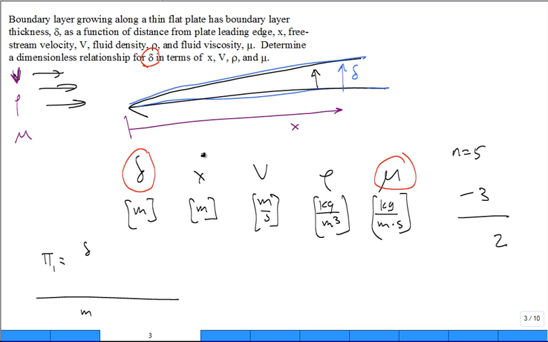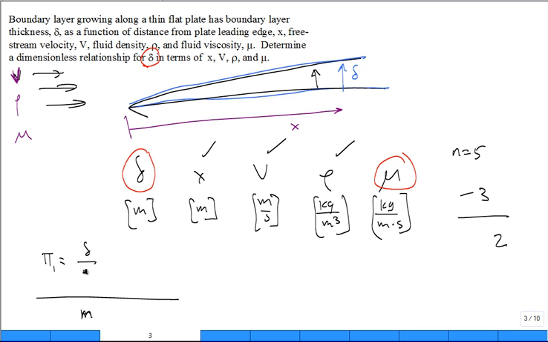I can use x, V, or rho to make it dimensionless. I can multiply by x or divide by x. I can multiply by V or V squared or divide by rho or multiply by the square root of rho, whatever I want to do to make that term dimensionless. The term right now has dimensions of m for meter.